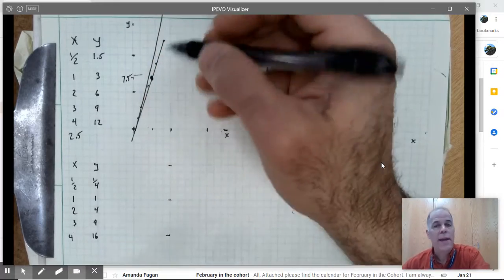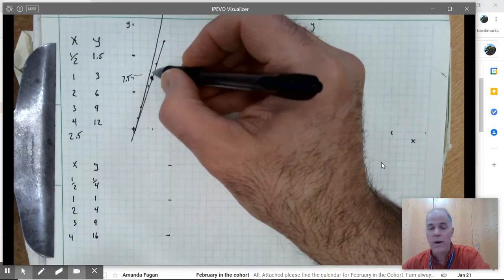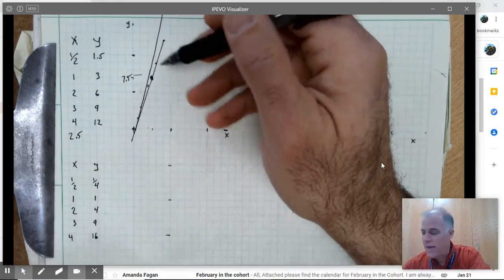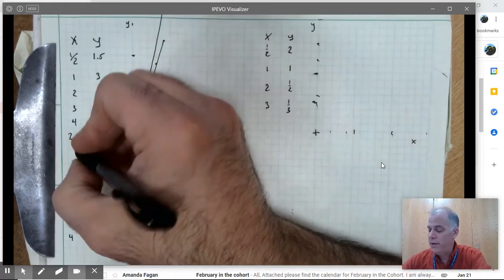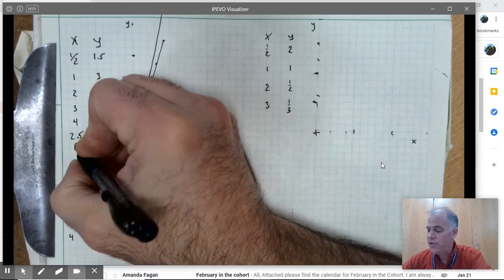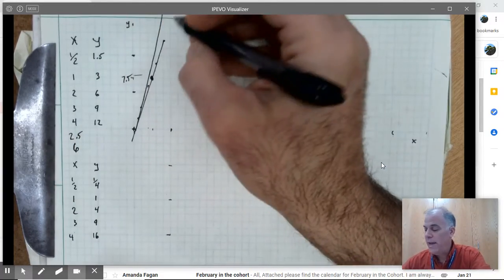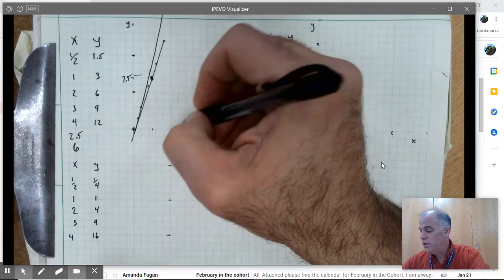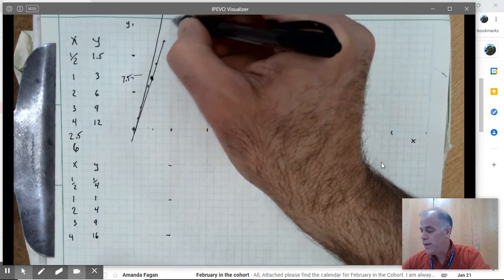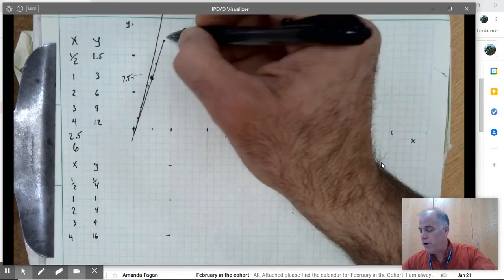Since it's a straight line, it's easy to figure out where a point in the middle of the data set is. Likewise, if we want to know what Y is when X is 6, well, that's going to be 18, and that'll be up here someplace. We just project the straight line farther on up.